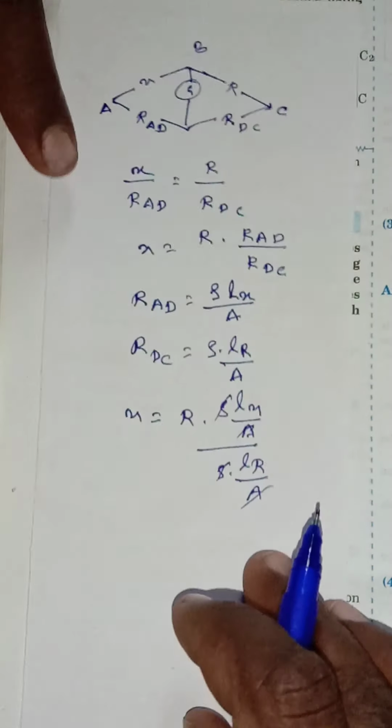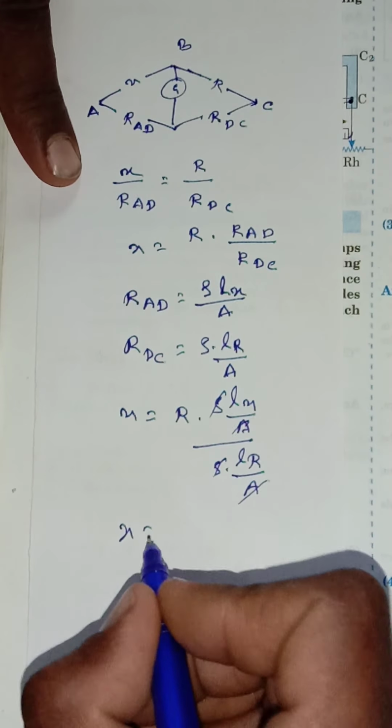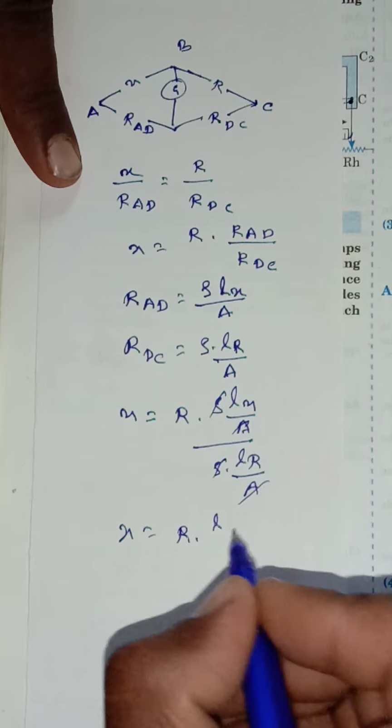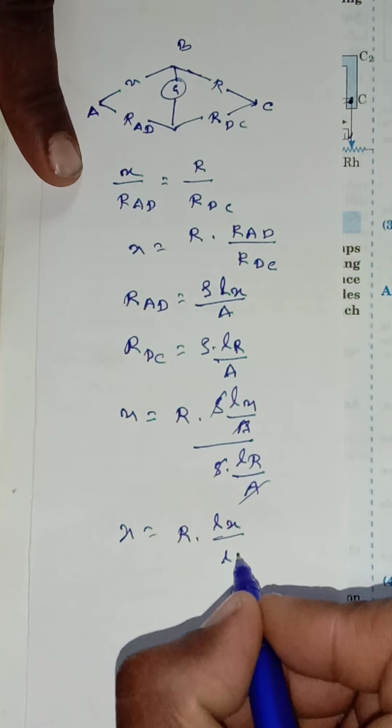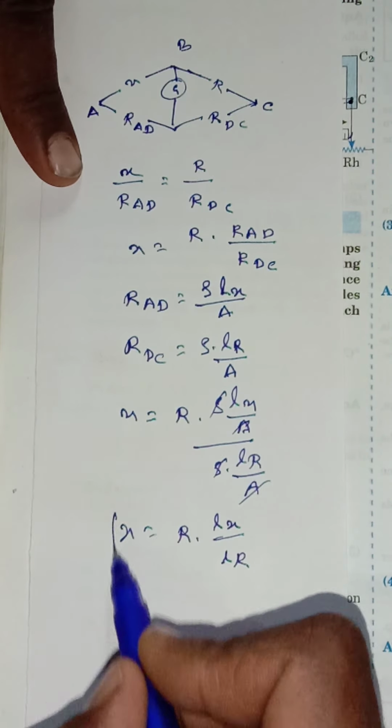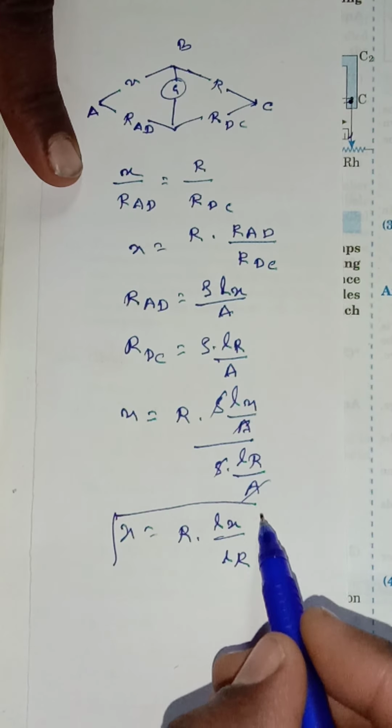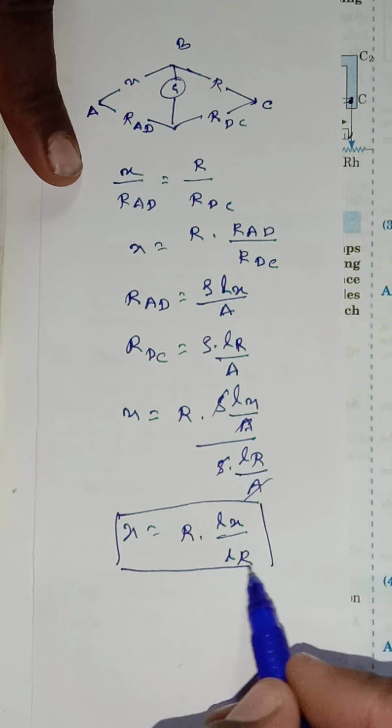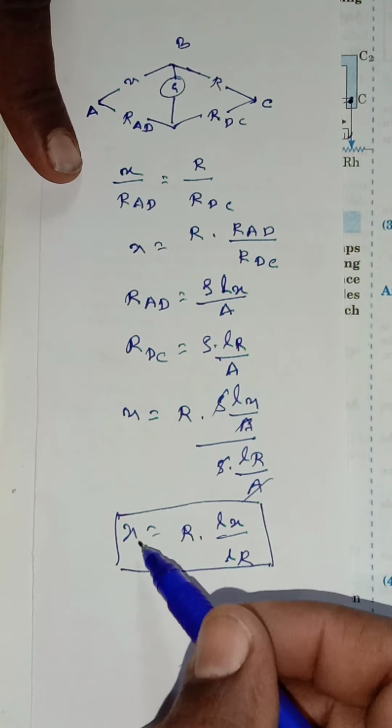I can write X is equal to R into LX divided by LR. This is our equation. By this equation we can calculate the value of the unknown resistance.